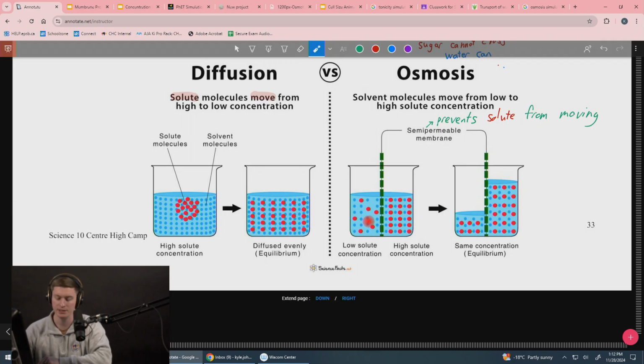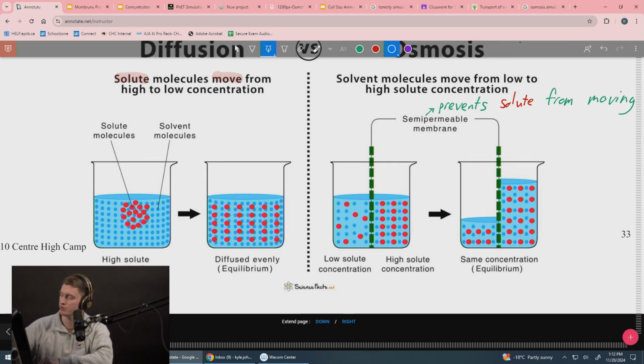So in this particular side of the beaker, if we're counting up the little water dots, let's say blue is the particles of water. In this side of the beaker, we have 18 molecules of water, and we have 6 molecules of solute. This is a 3-to-1 ratio of water to solute.